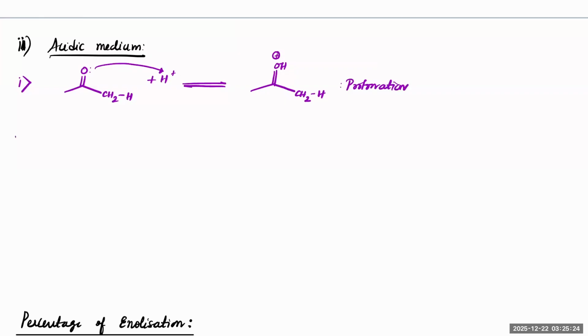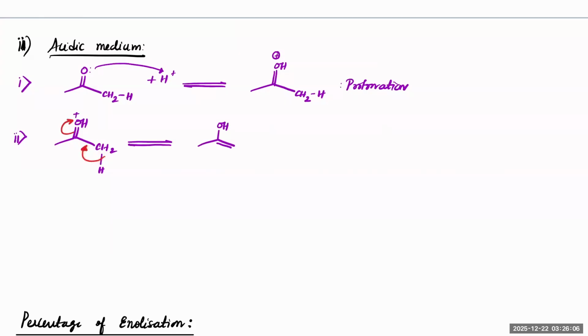This is called protonation. The second step is, I have a double bond, H plus, and CH2 and H is present. And now this carbon-hydrogen bond is broken to support this as the OH group here. So in that case, we can see this as OH with a double bond here, and one H plus is being lost from here.